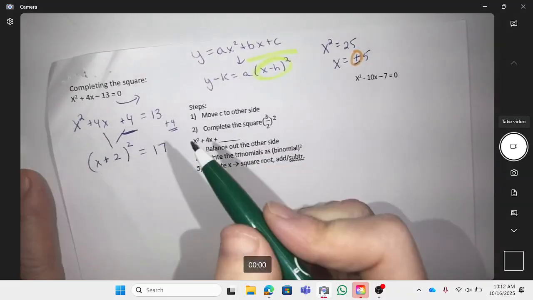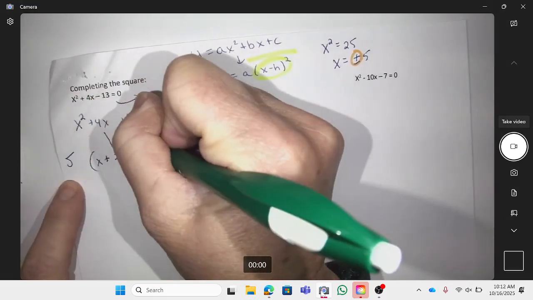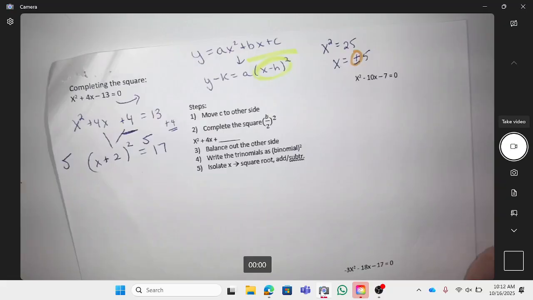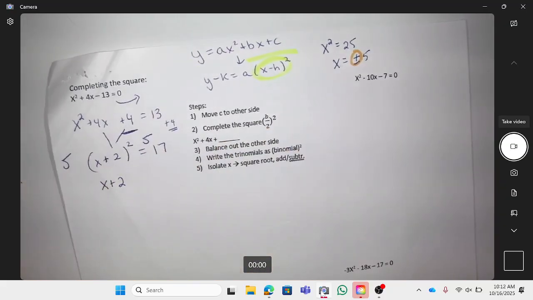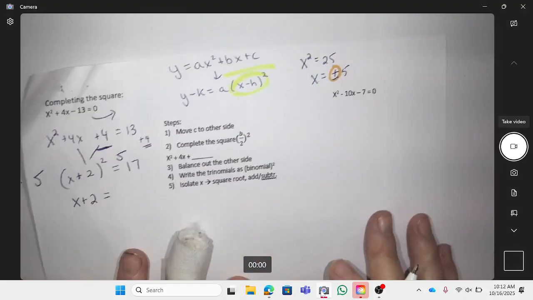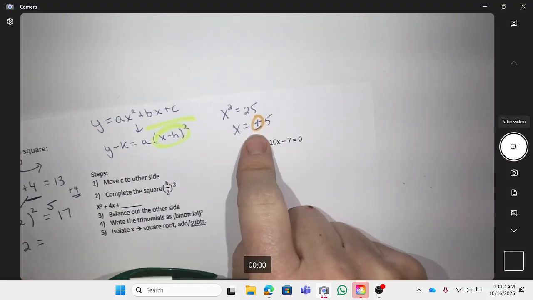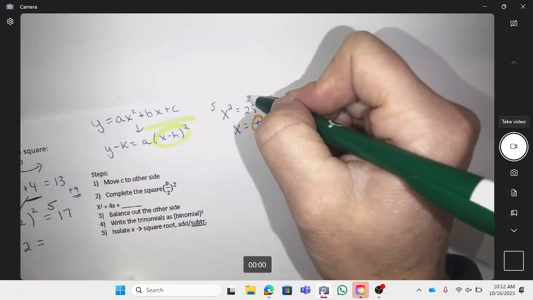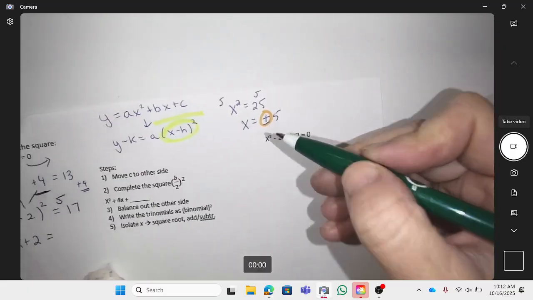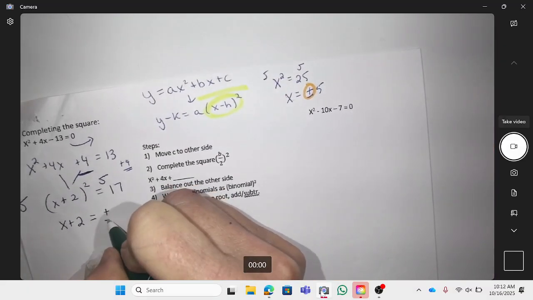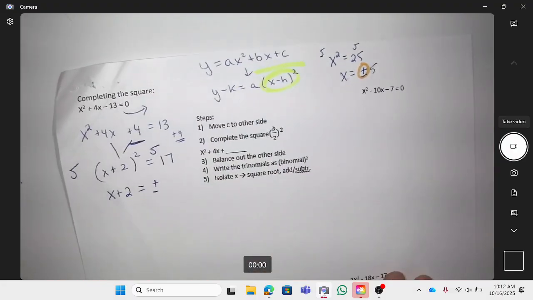How am I going to get x alone? So I'm going to square root both sides. Does that make sense? And I get x plus 2. Tell me what you did here. You square rooted both sides, but your answer could have been a 5 or a negative 5. So I'm going to go a plus or a minus, and then does the square root of 17 work out nicely?